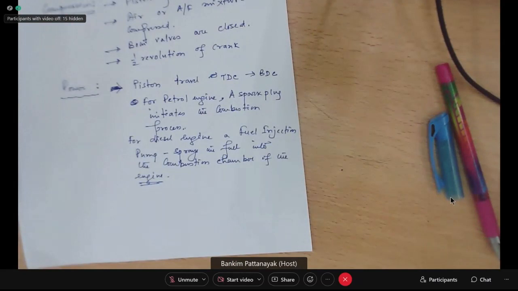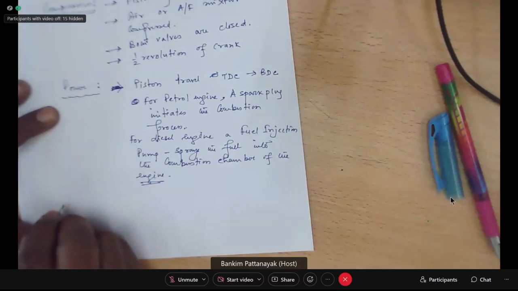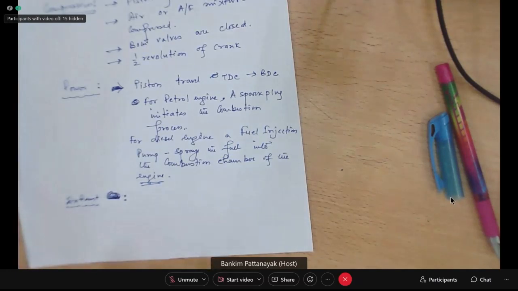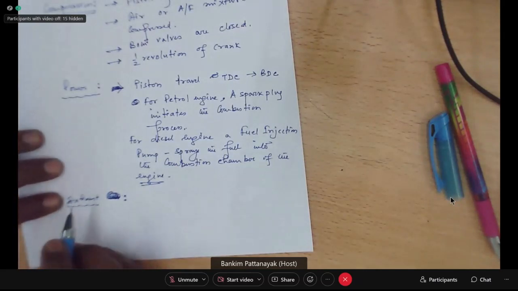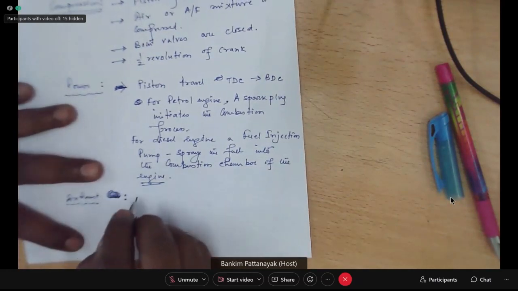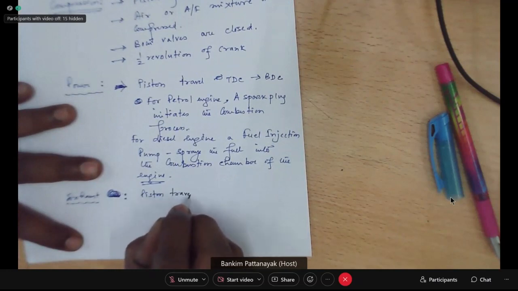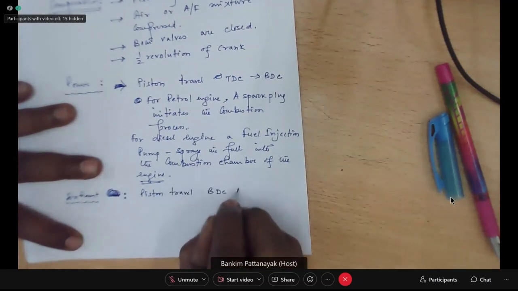Now you have inside the cylinder piston mechanism the exhaust gases. The last one is the exhaust stroke; exhaust is the name of the operation. So the four operations: suction, compression, power, and exhaust. In this exhaust stroke, the piston travels once again from BDC to TDC.